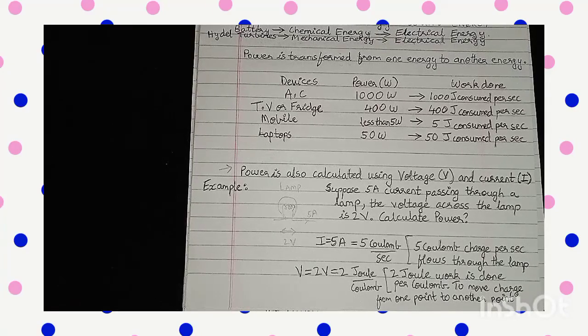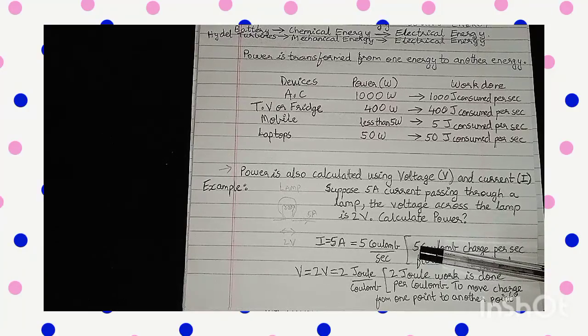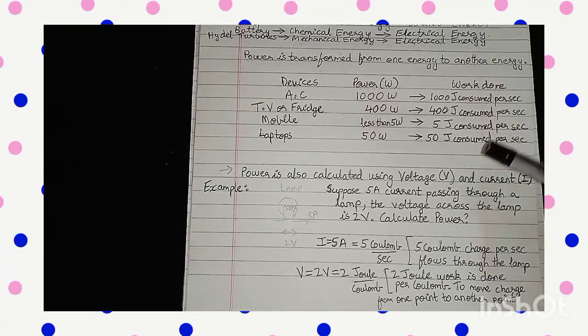Before trying to solve this question, we would understand what concepts are given in it. I is equal to 5 amperes. We have learned that 1 ampere is 1 coulomb per second, so 5 amperes would be 5 coulomb per second.